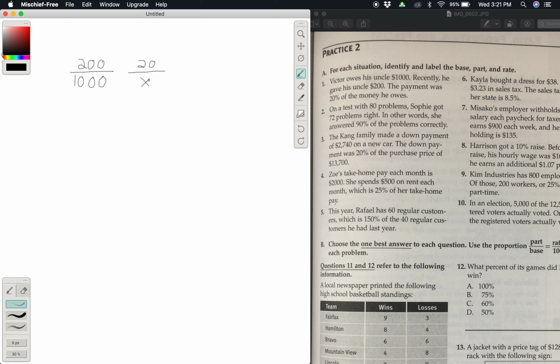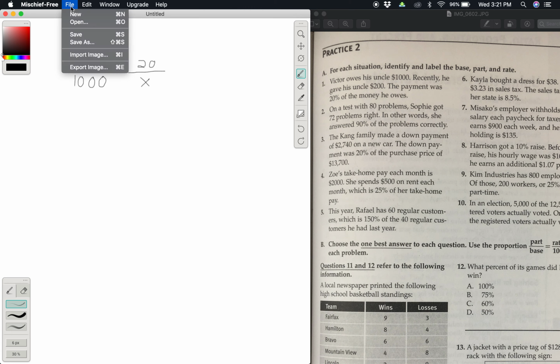The payment was 20%, so part percent, which is this part here, 200, is part of the total percentage of this 1,000 here. Same here, this 20% is part of what would actually be the whole percentage down here. So 1,000 is the base. 200 is the part. And 20 is the rate. So the percentage that it shows is always the rate.